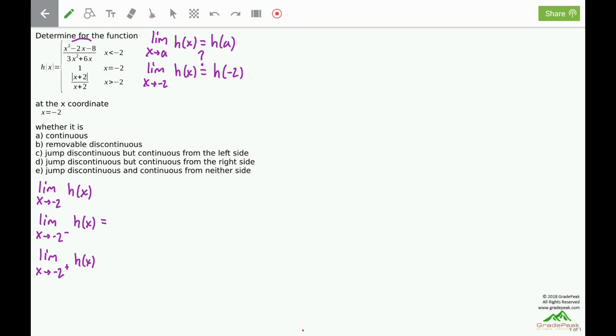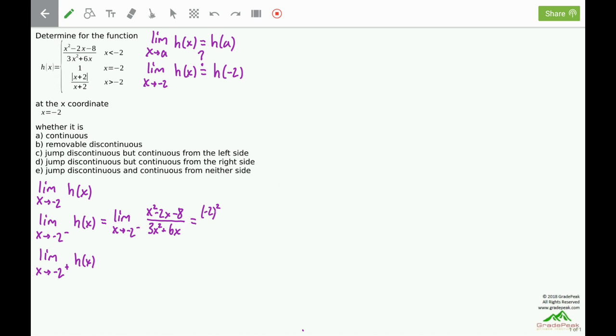If we look at the split expression function, less than negative 2 would have that expression. So we can now replace h of x with x squared minus 2x minus 8 over 3x squared plus 6x. The next thing to do is try plugging a negative 2 in for each of the x's.